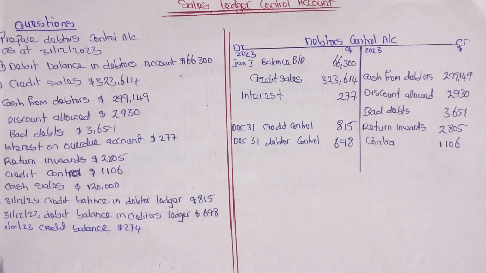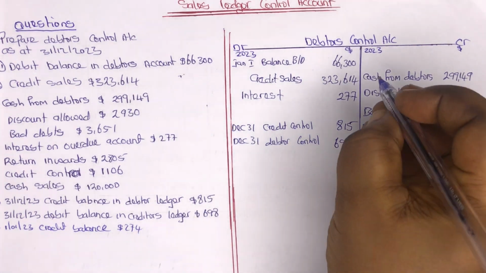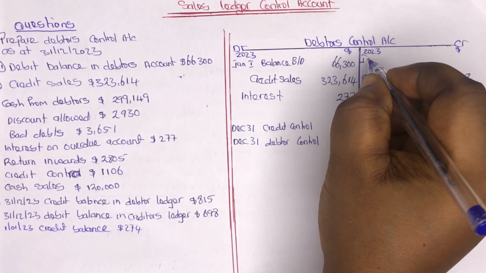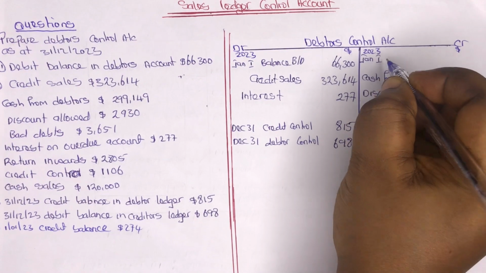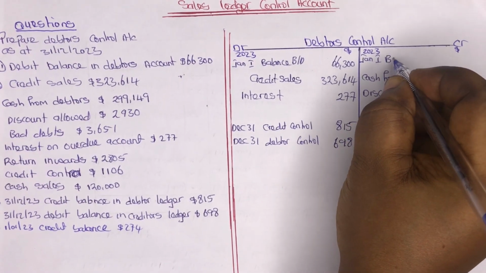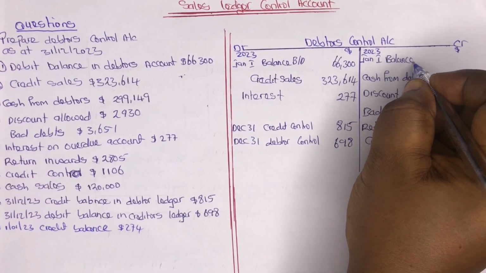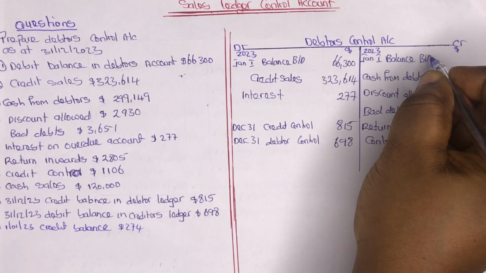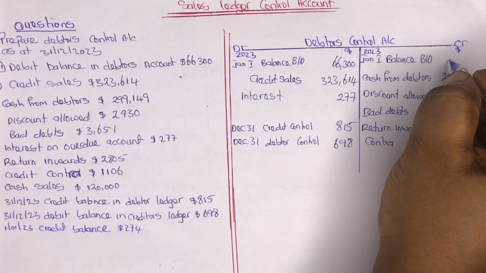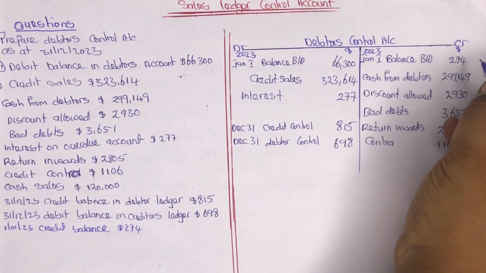The last one is the 1st of January credit balance. Remember, in the debtors account we have opening and closing credit balance. I explained the reason earlier. So we have January 1st, balance brought down, amount is 274.